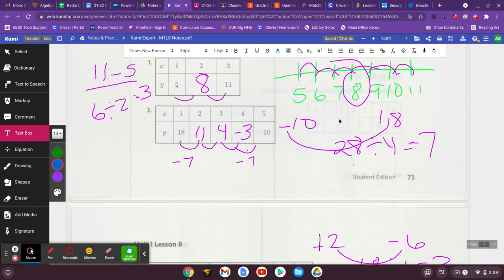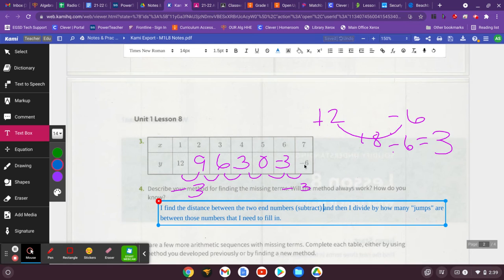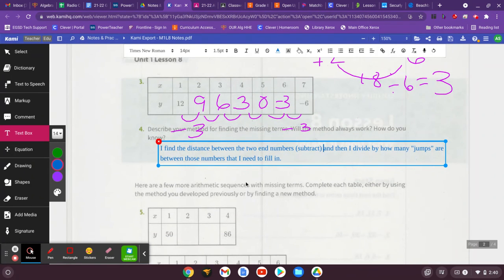Let's look up here. Negative 10 minus 18 would be a negative 28. Split into 4 is a minus 7. Same thing here. If I subtract negative 6 minus 12, it's a negative 18. Divided by 3 would be a minus 3. So there's a couple ways on there.